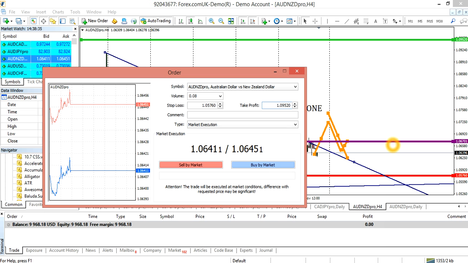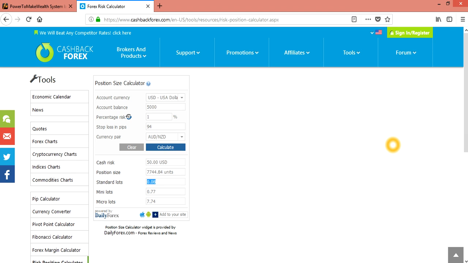If I lose, I'm only losing 1% of my account. And it also tells you what the 1% of your account is. If I lose, I would only lose $50. That's what I would lose. Right? And if I make 3 times the 50, then I will make $150.